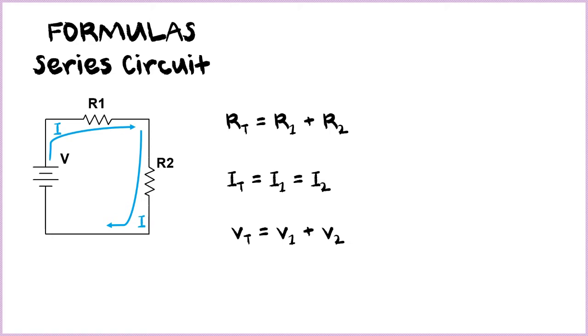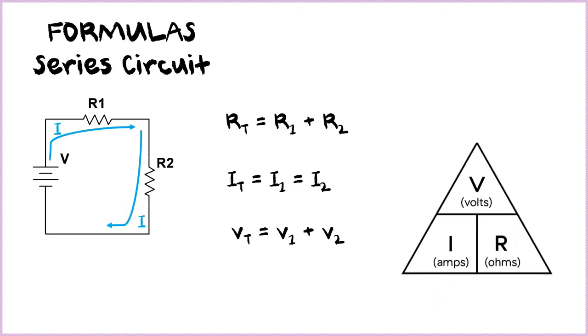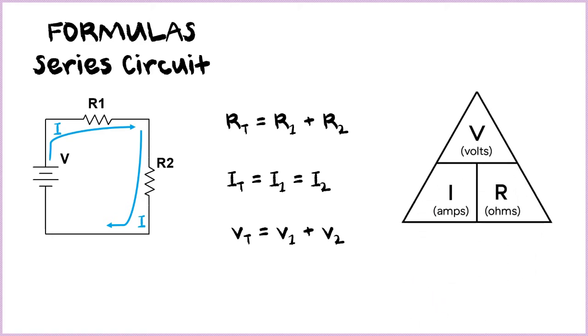And the total voltage would be equal to the voltage across R1 plus the voltage across R2. As you notice, if R1 has a higher value, it would have a higher voltage, and if R2 has a lower value, it would have a lower voltage. And remember that we would use the Ohm's triangle to solve series circuits.